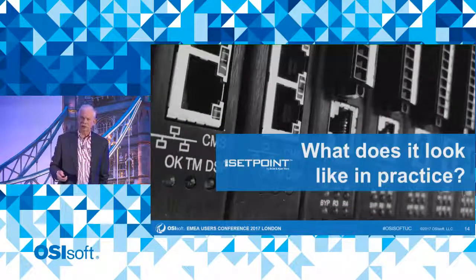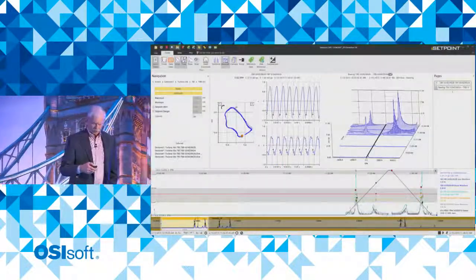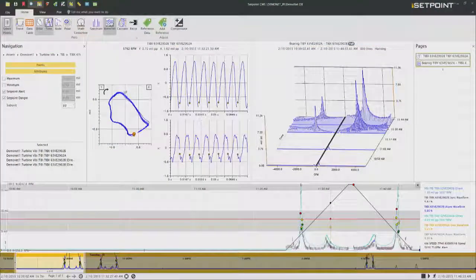So what does this look like in practice? Well, here what we have is a machine speed. That's what we call slow roll, and then we ramp the machine up. It levels off, and then we ramp the machine back down. And these little tick marks that you see here are waveforms.